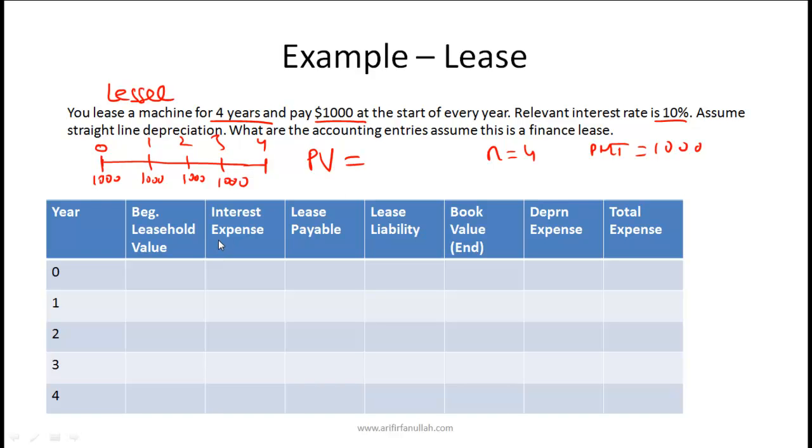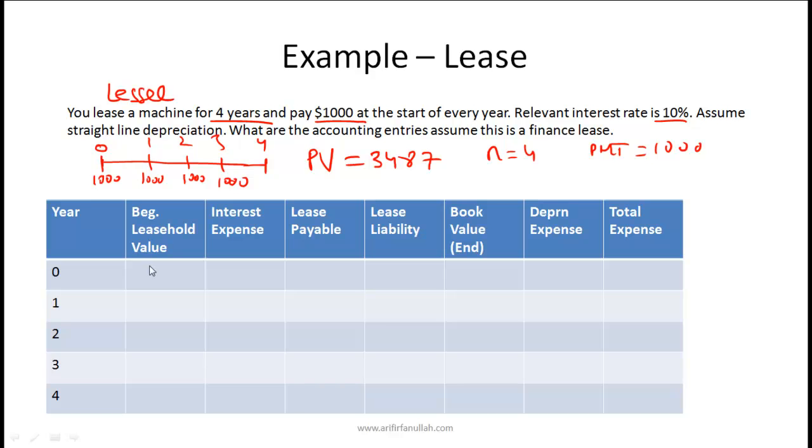So present value 3487. Actually I am rounding up over here, and throughout these calculations I'm just going to use the nearest whole number. So there might be slight rounding issues, but you will get the point.